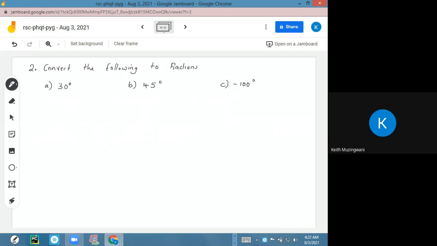Okay, the solutions. For A, we are multiplying 30 degrees by pi over 180. So you can see that the 0 and the 0 go, 3 into 30 is 1, 3 into 180 is 6. So we remain with pi over 6.